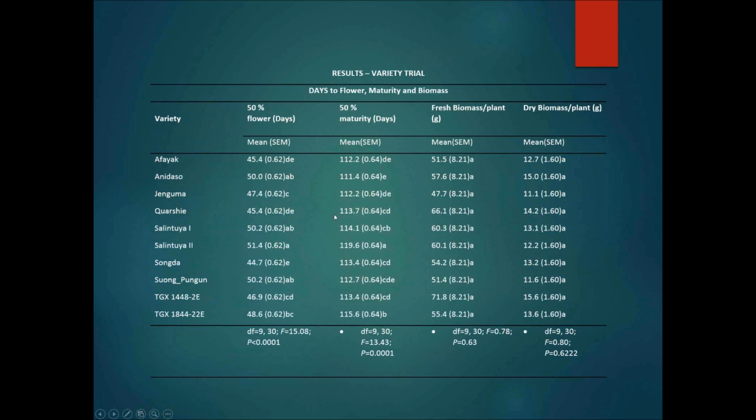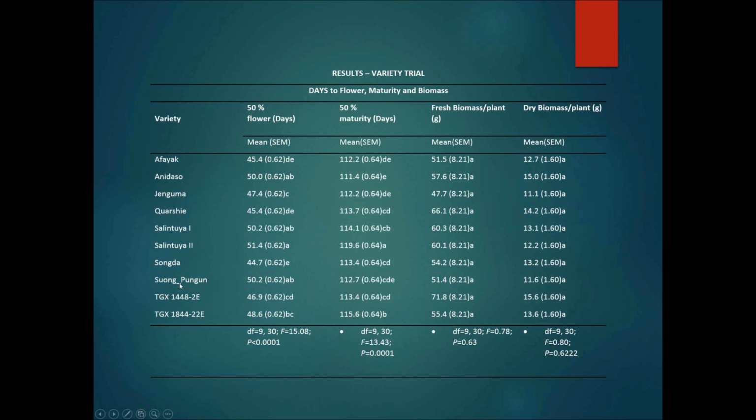Sorry for this slide here because I was not able to make it very visible, but I just added it this morning. If you look at the varieties, there were differences in terms of 50% flowering days. We had the highest at 72, and the lowest coming from Afayak and Sonda.